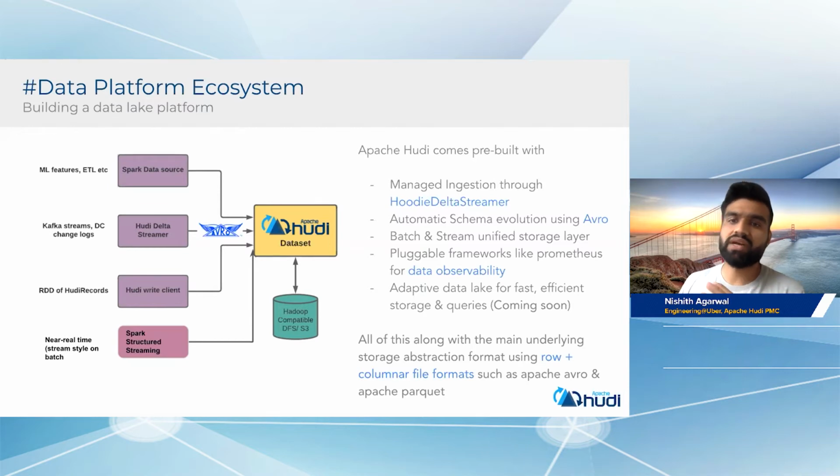We unify batch and stream to provide that kind of 1 to 5 minute latency that we're talking about. There are pluggable frameworks to provide data observability, and then we're working on making the data lakes more adaptive to take query patterns into account. And all of this obviously comes with the storage abstraction format, which is Hoodie, using row and columnar file formats to provide fast ingestion and highly optimized scan performance.